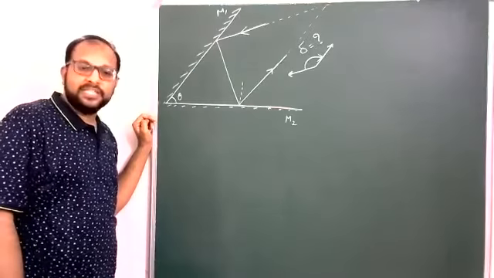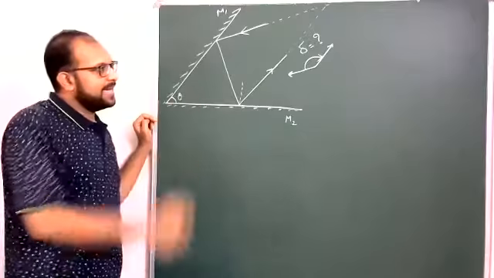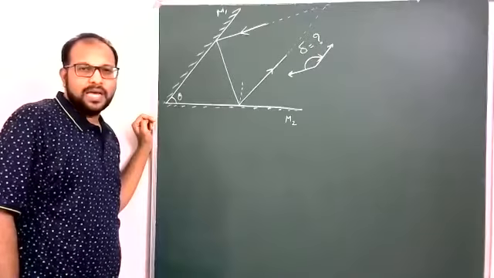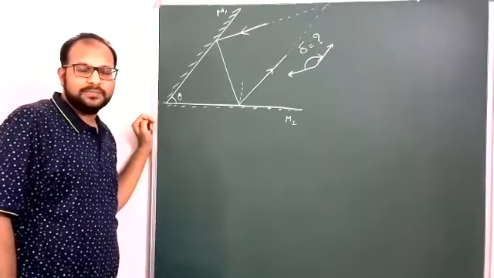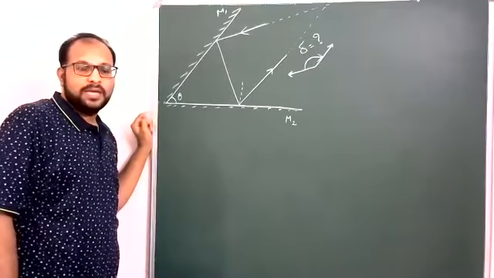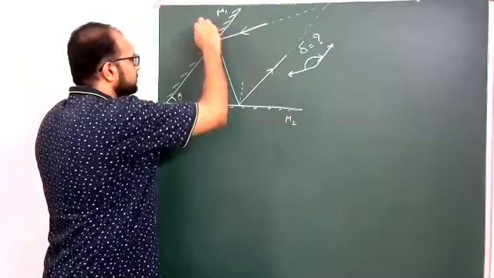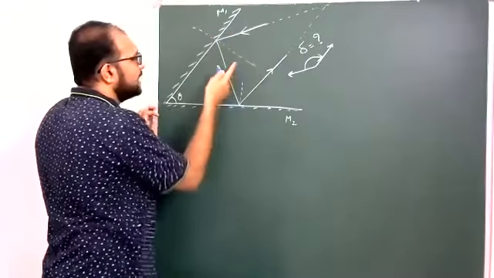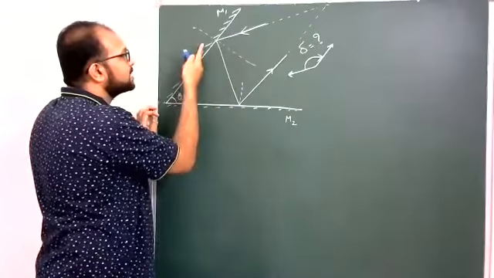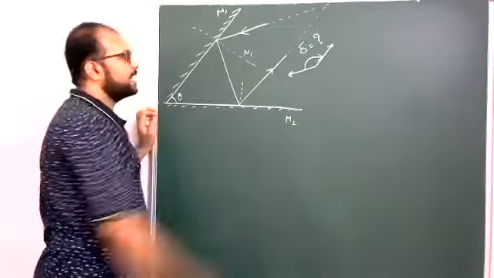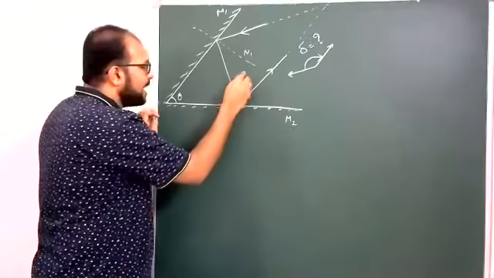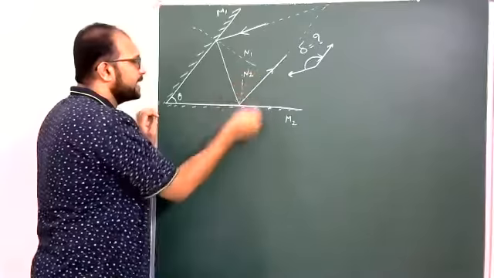Angle of deviation, yes, in the diagram it looks like clockwise direction. That is the question. Now we'll see. Yes, first, this is the normal to the first mirror, that is N1. This is the normal to the second mirror, this is N2.